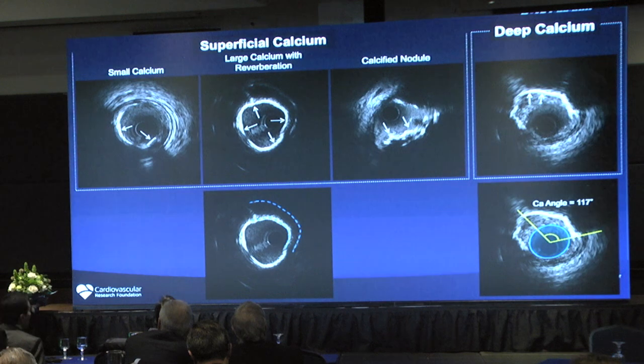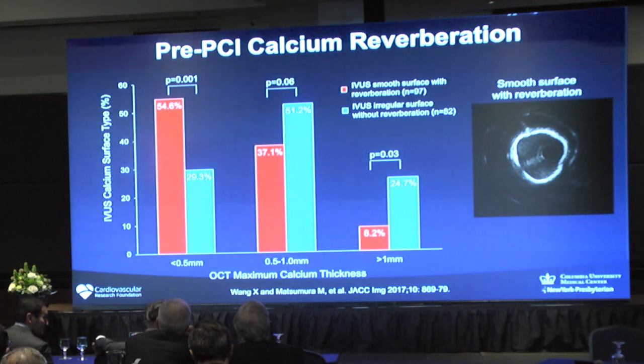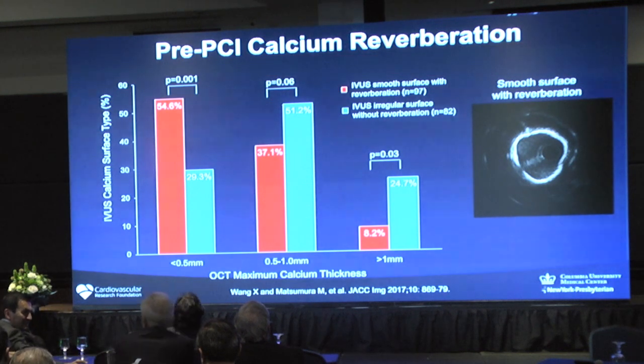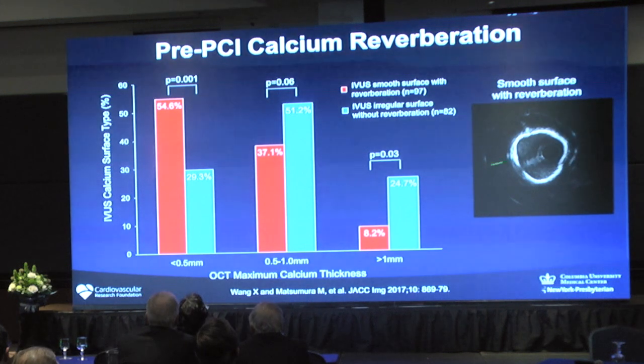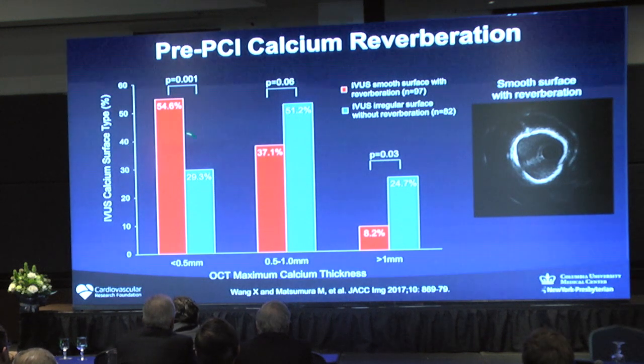So what is the meaning? We analyzed IVUS and OCT a long time ago to see if there is any way to see or predict the thickness of the calcium by IVUS. When we compare with the OCT, whenever you see very superficial calcium, the surface is very smooth, and you see the reverberation, that type of calcium is more likely thin when we look into the OCT.